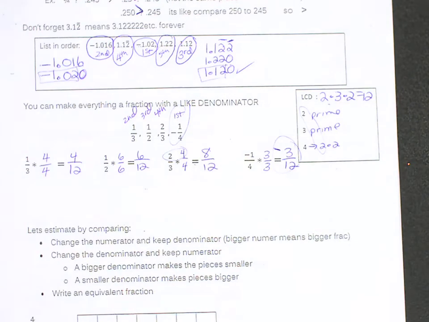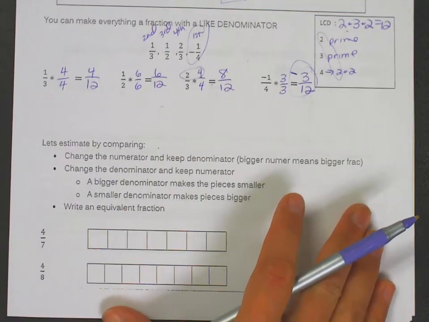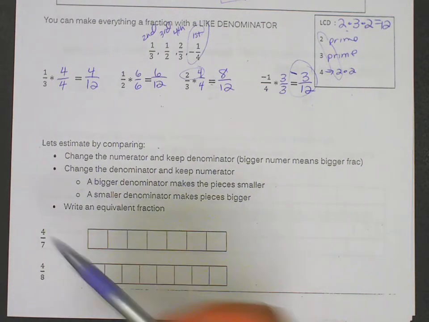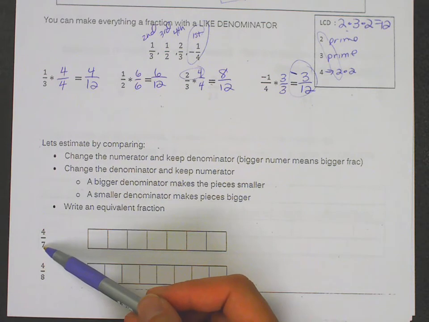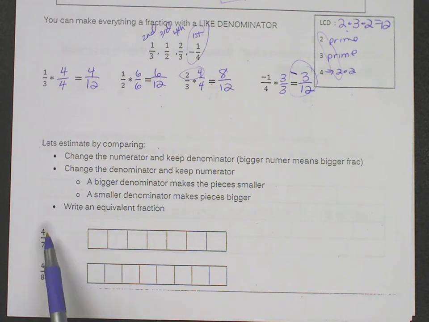Who knows? Another good skill to know is estimation. And when it comes to fractions, it's a little harder to estimate, but I'll show you a little trick. We could change one of the numbers to compare it. You have to remember that the bigger the denominator, like this, these have the same numerator, right? We're going to compare these.